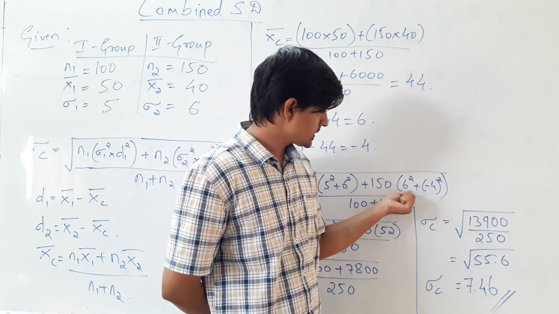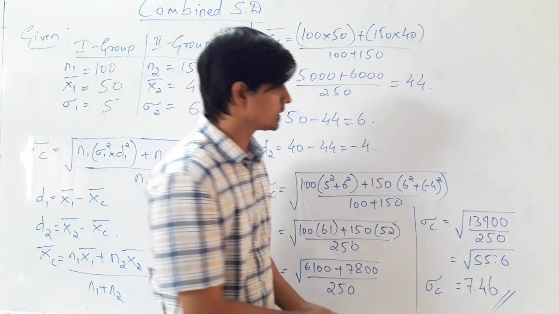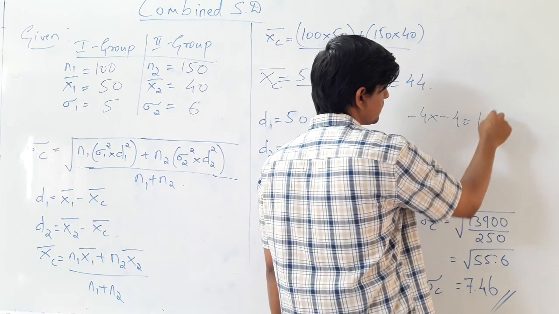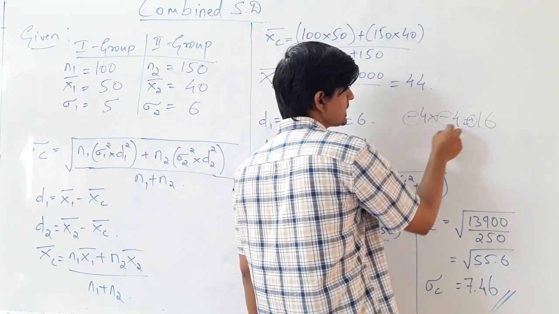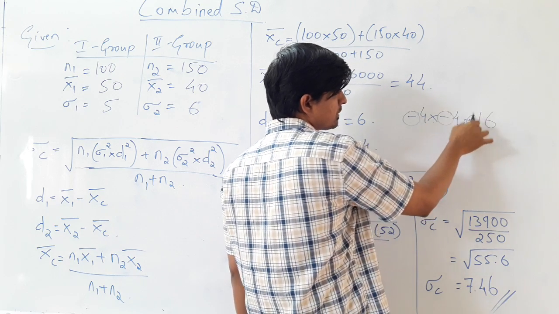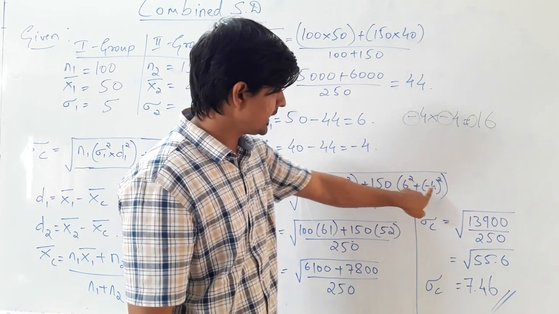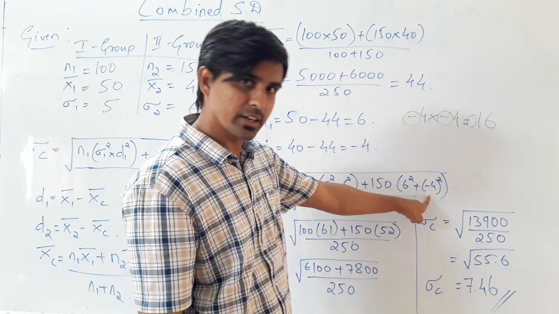Here 6 square is 36, plus minus 4 square, minus 4 into minus 4 is plus 16. Remember, minus into minus is always plus, minus 16 will not come. So here there is already a plus, and plus remains plus only.